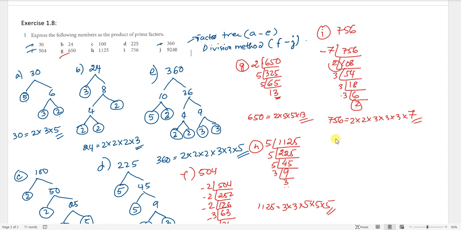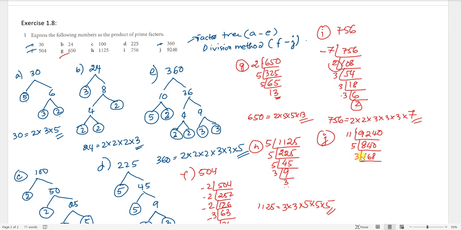Okay, to our final question. 9,240. So we're going to go with 11. We can divide this number by 11. So we'll get 840. Then divided by 5, we'll get 168.